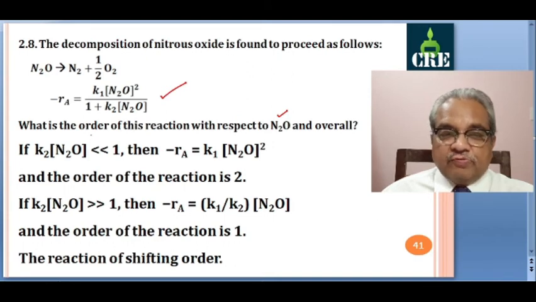So rate is shifting. You apply these conditions. If the second term, K2 into Ca, is very small compared to 1, then it will vanish and you get simply K1 into N2O concentration square. So second order with respect to N2O.